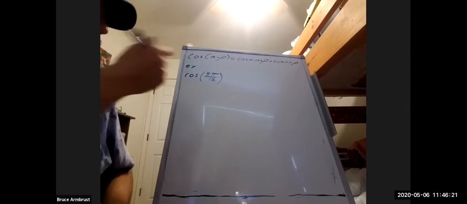Now, this angle is not one of our nice angles, right? If you look at our chart, 5 pi over 12 never actually shows up as a nice angle. But I can write it as a difference of nice angles. Check this out.